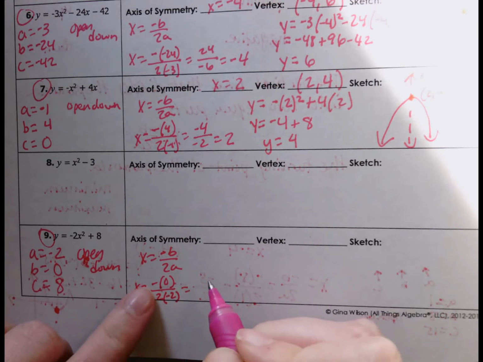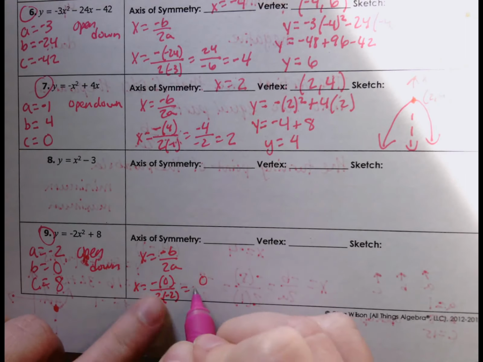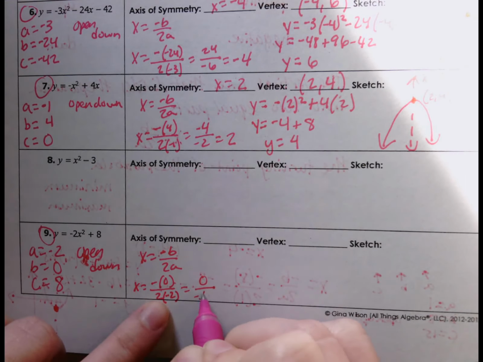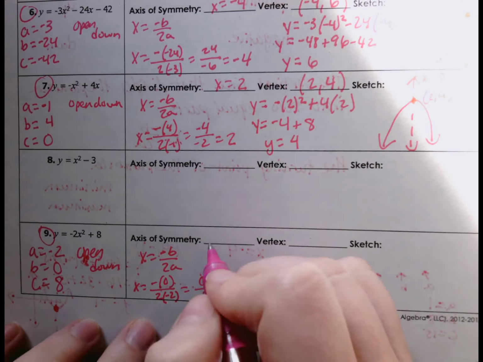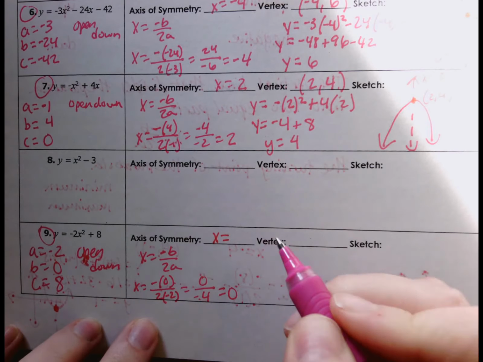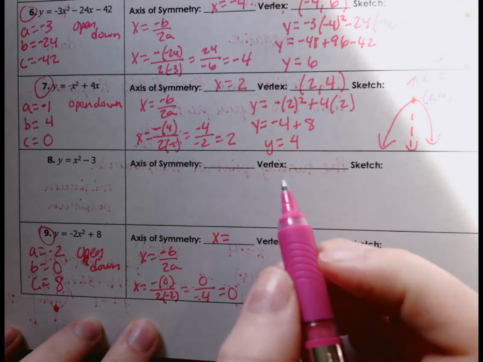Okay, so negative 0 is really just 0, and 2 times negative 2 is negative 4. And if you plug in 0 divided by negative 4 to your calculator, remember you have to be very careful with zeros because dividing by 0 is not okay, but 0 divided by 4 is still 0.